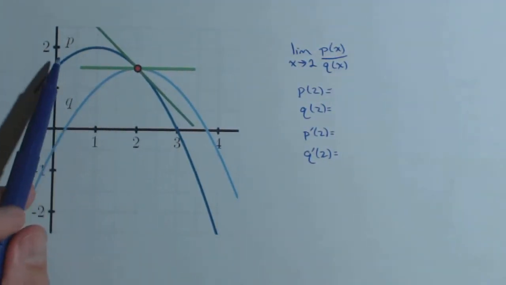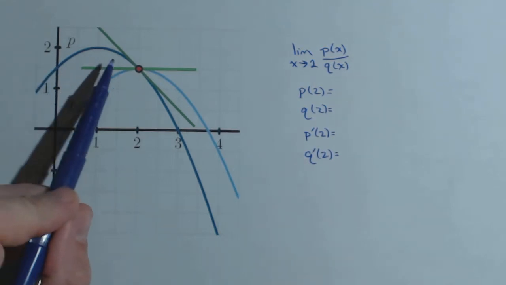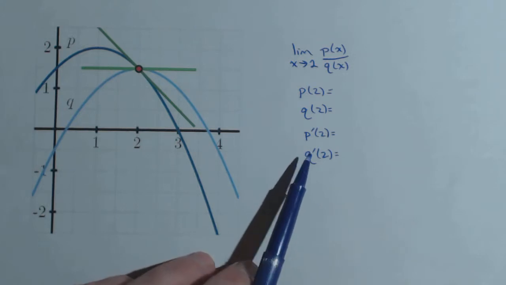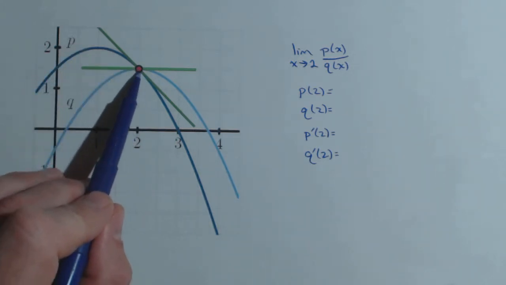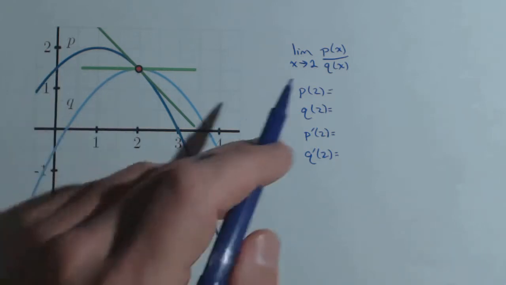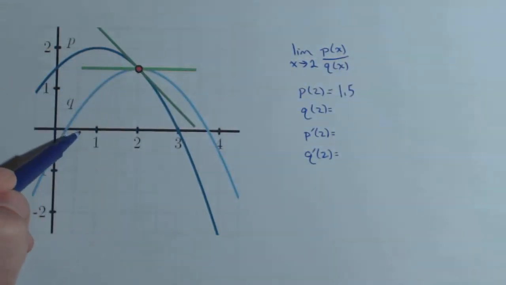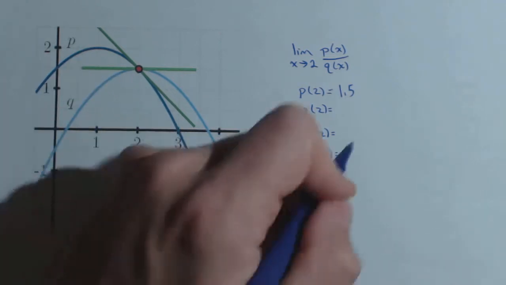So we have our functions p and q. They're somewhat quadratic looking. So first off, let's calculate p of 2, q of 2, p prime of 2, and q prime of 2. So p of 2 looks to be about 1.5. q of 2 also is going to be 1.5.